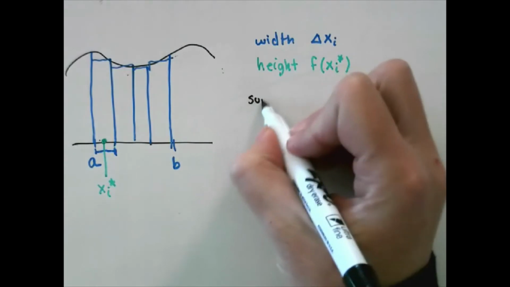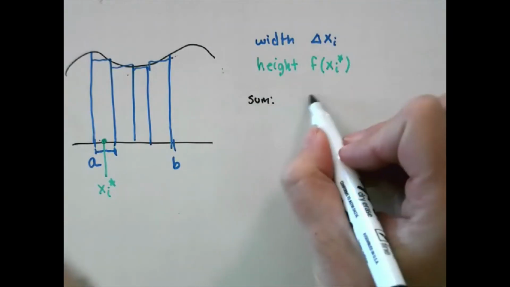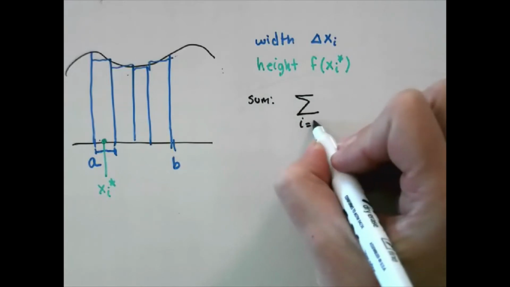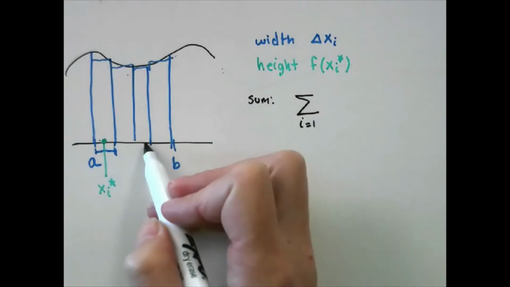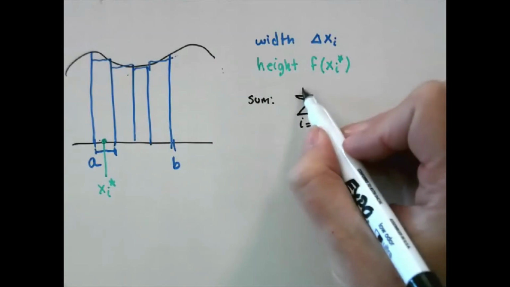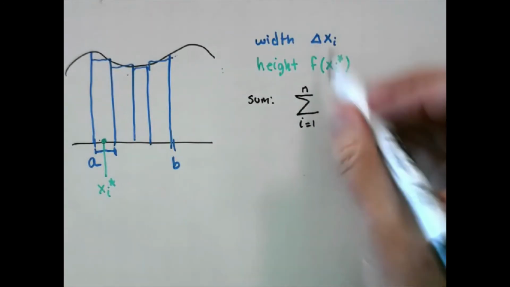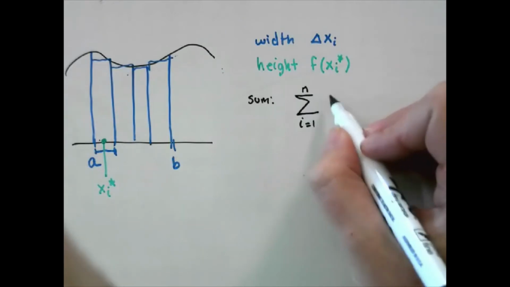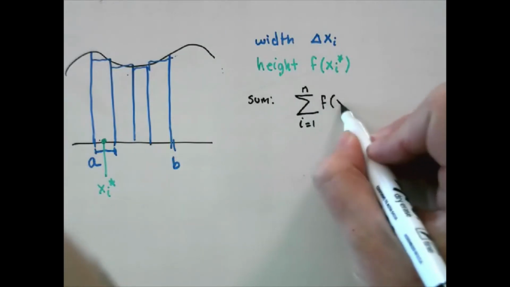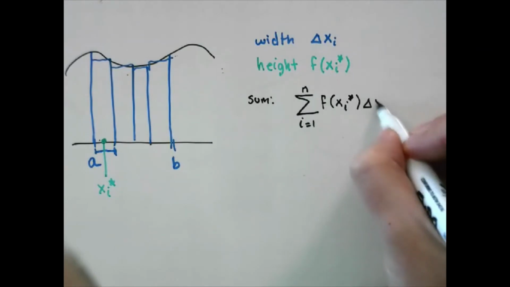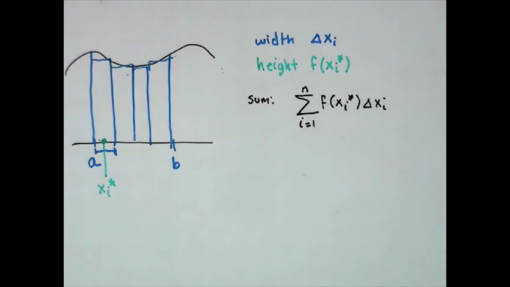So my sum, remember function notation, we're going to go from i starting at 1, so we've got x1, x2, x3, and so on, to some n of the product of these two things. So f of xi star times delta xi. That's going to give me my area.